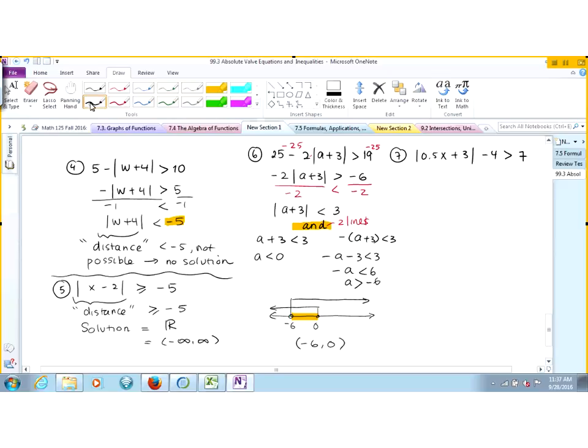Okay, let's finish one more and then you guys could go. Okay, what do we do first? We isolate, add 4. Yes. So when you add 4, it is 11. Or and? Or what?